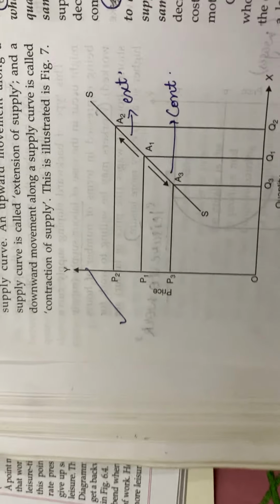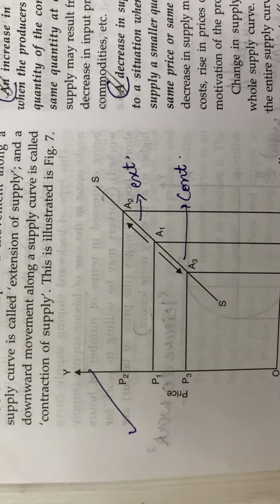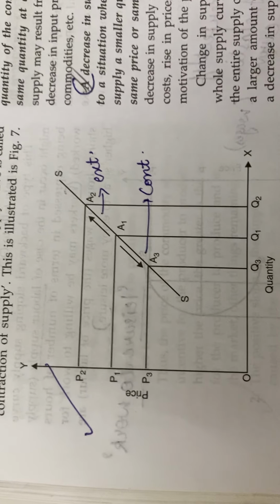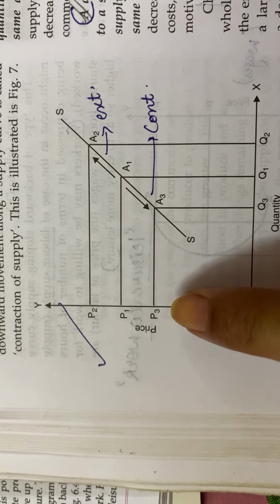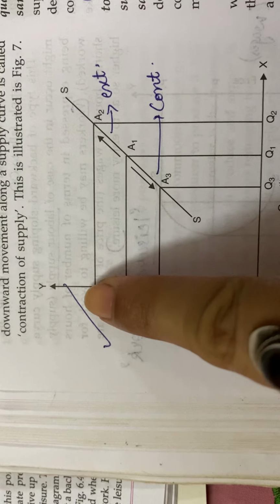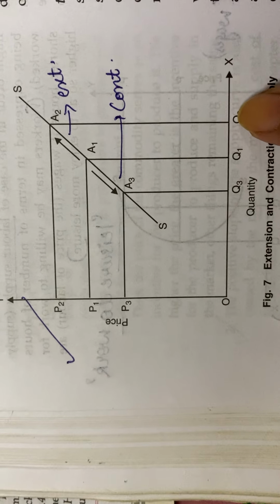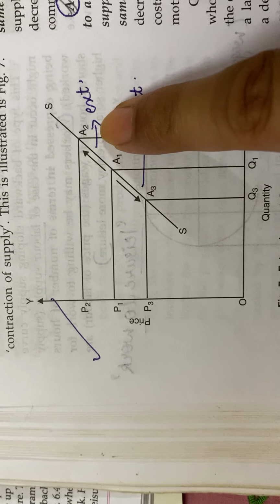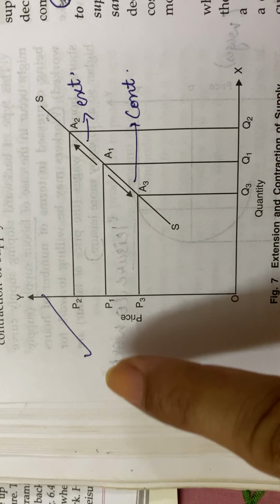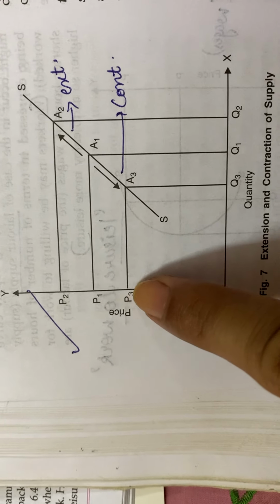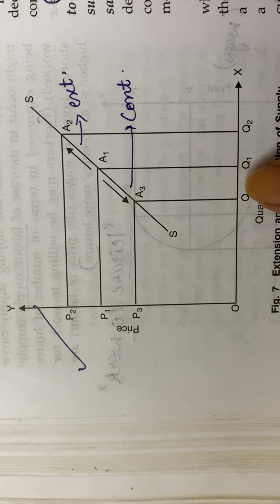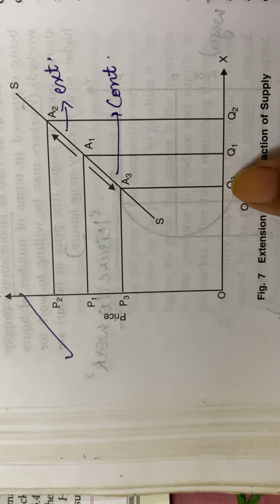And here I am showing you the diagram. Look at the diagram. You can see when the price is increasing, supply is also increasing from Q1 to Q2. So here I have marked extension. When price is decreasing from P1 to P3, the quantity is also decreasing from Q1 to Q3.